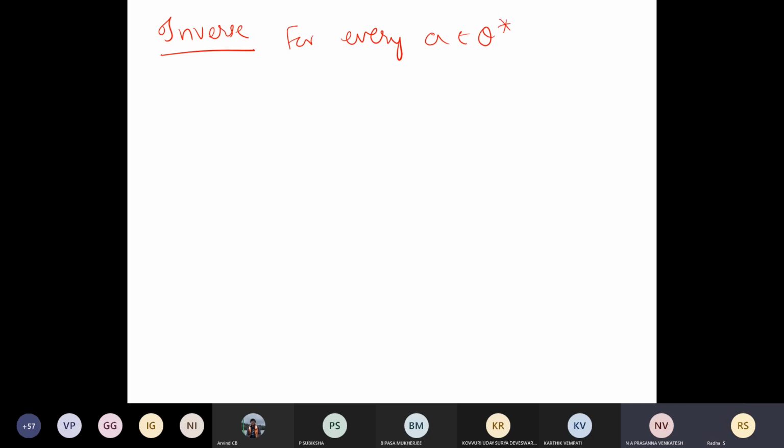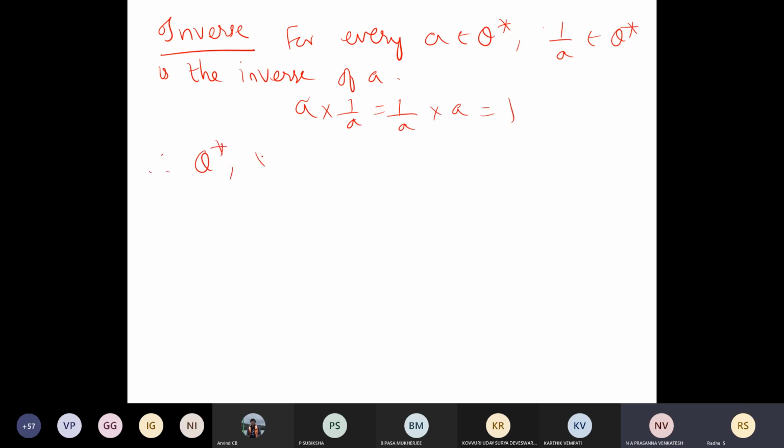So for every a in Q star, 1 by a belongs to Q star and is the inverse of a. a into 1 by a equals 1 by a into a equals 1 always. Whatever order you multiply, it is always 1. So therefore, Q star under usual multiplication is a group.